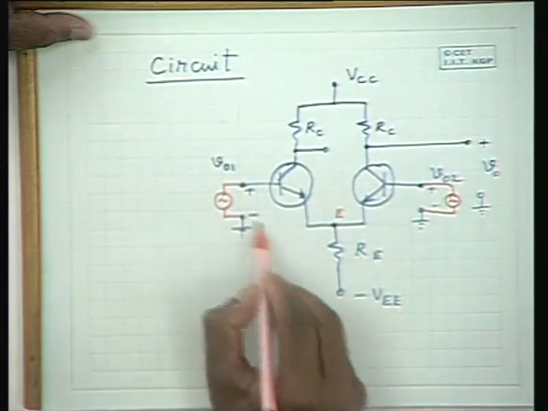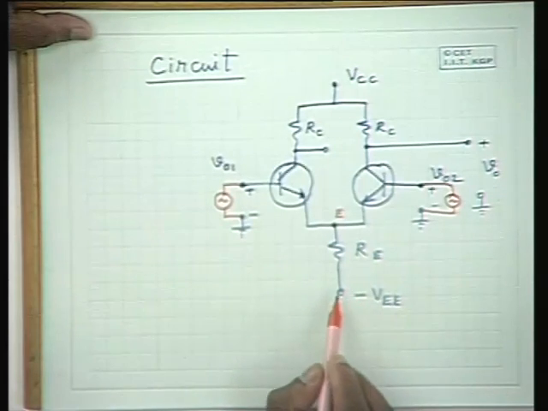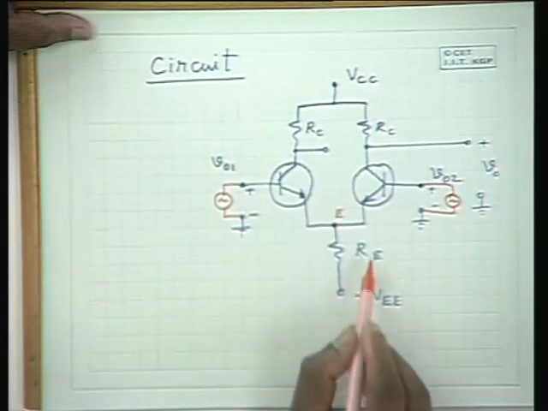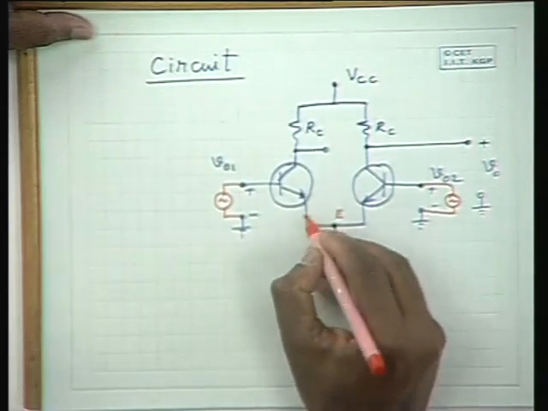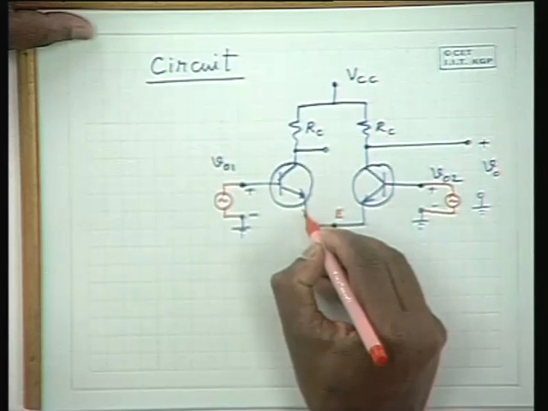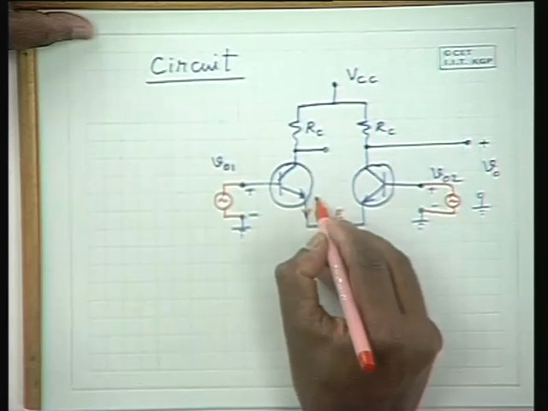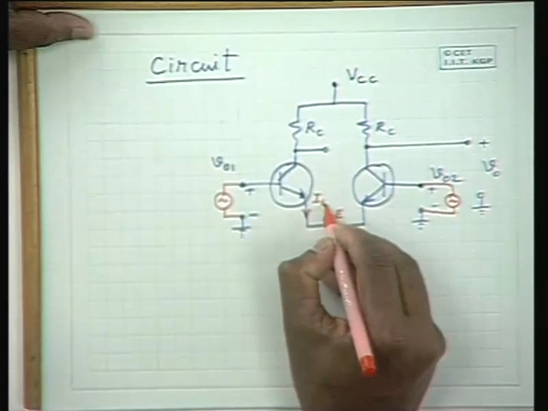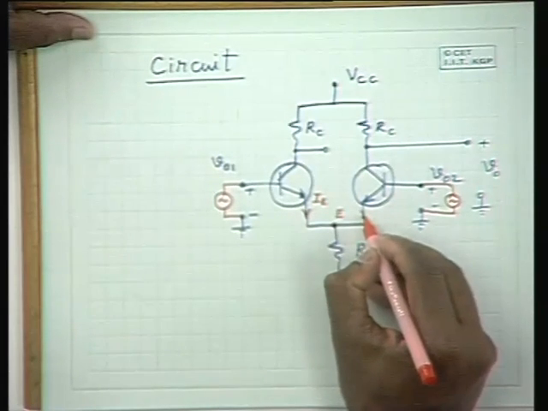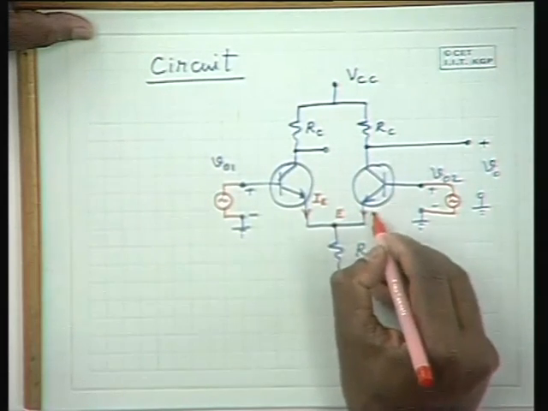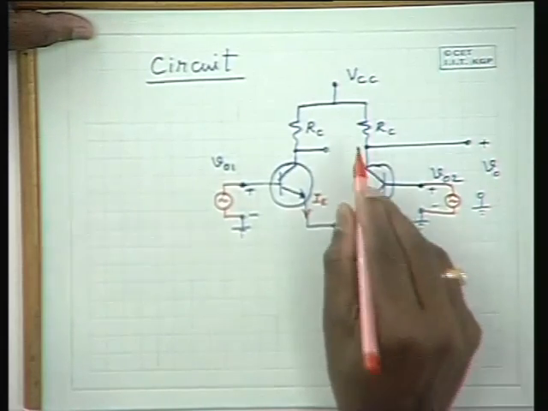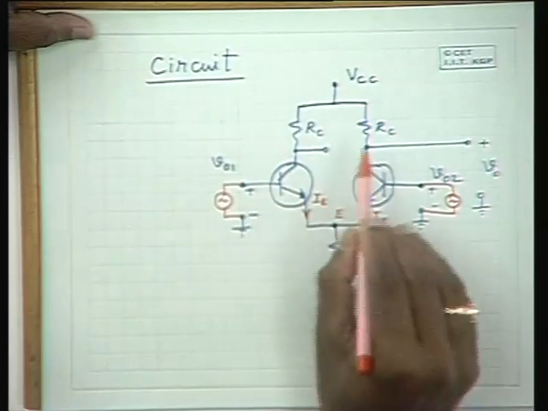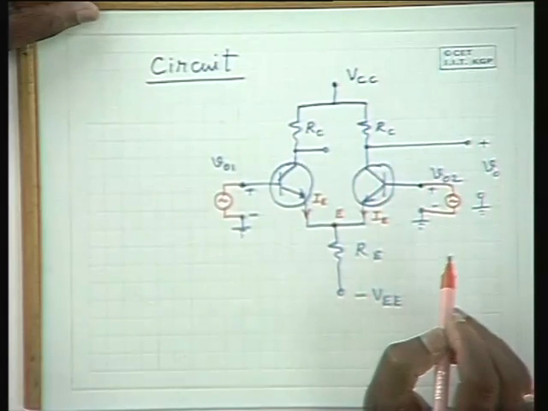This is 0 and this is minus VEE and this is RE, and assuming that these two transistors are identical, you have the same current flowing through both the emitters and collectors, because the circuit is same for both the transistors.